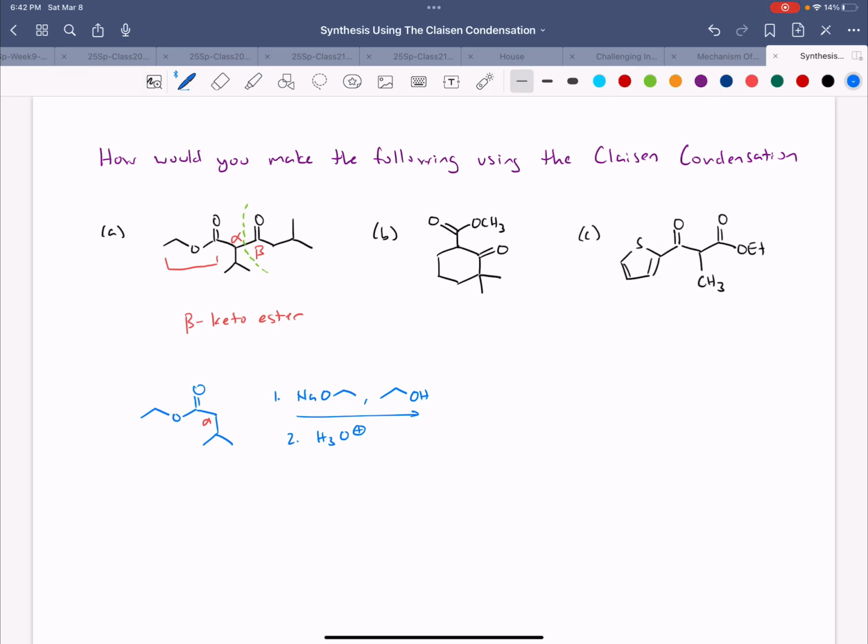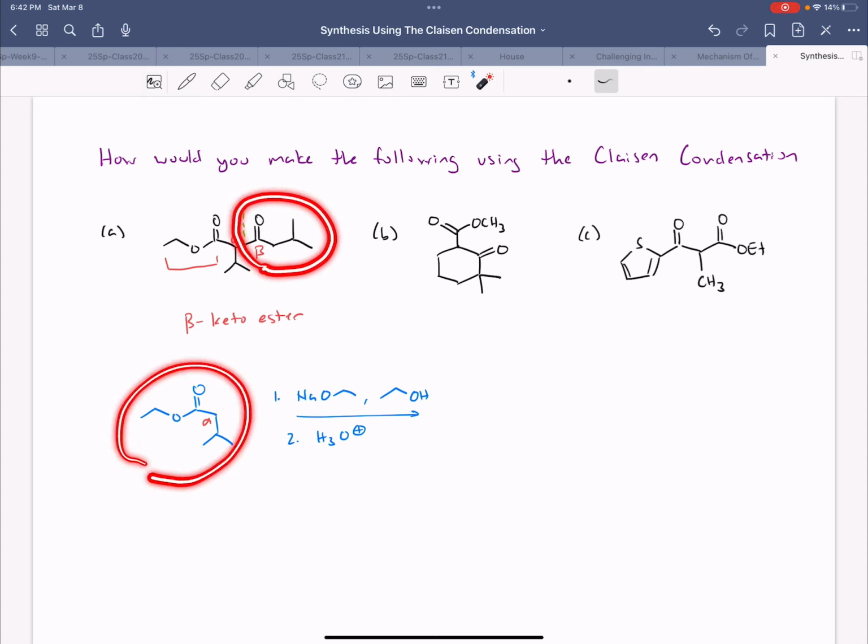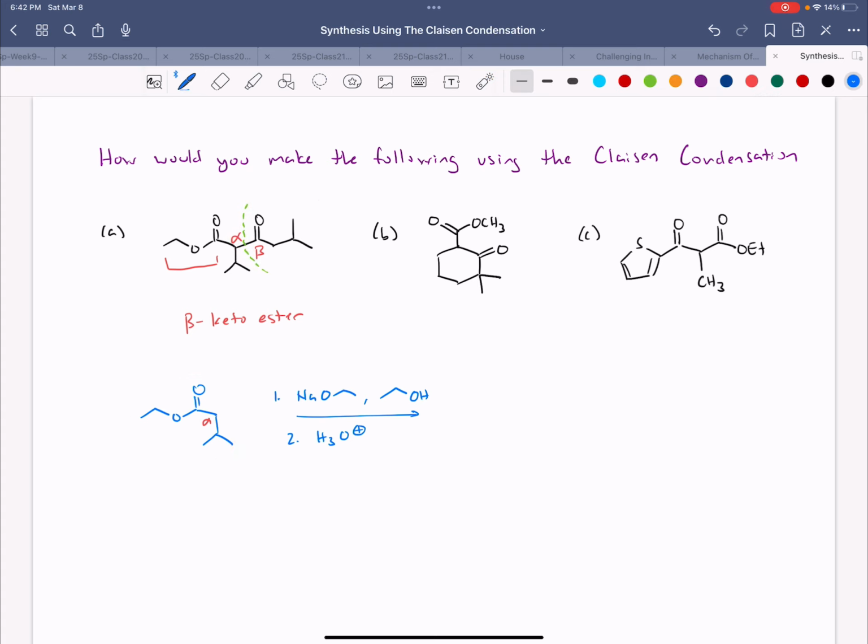Now the question is, before we move on, is this part here, the one that was attacked, the same molecule as this? This is the answer, by the way, but you could prove it in scratch work.